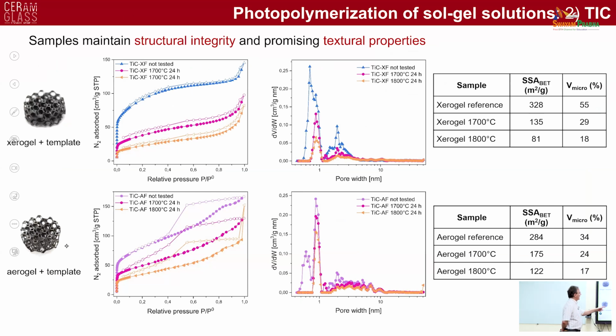You can see the test carried out on the aerogel, and the reference had 328 square meters per gram. After 24 hours at 1700, you have the loss of one third of the pores, of course due to sintering, but you're still left with some mesopores.